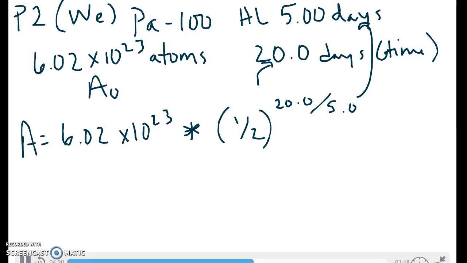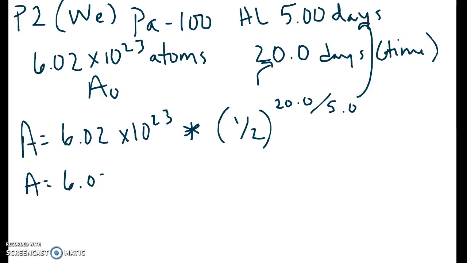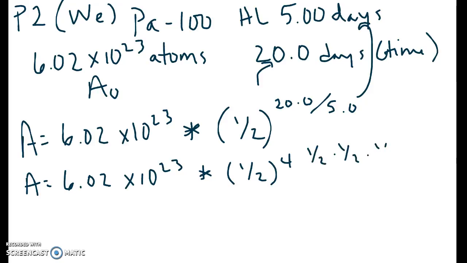Well, 20 divided by 5 is 4. So this is the same thing as me saying A equals 6.02 times 10 to the 23rd times 1/2 to the 4th power. That's the same thing as saying 1/2 times 1/2 times 1/2 times 1/2. And if you do that, you end up with 1/16. So that and 1/16 are the same number.